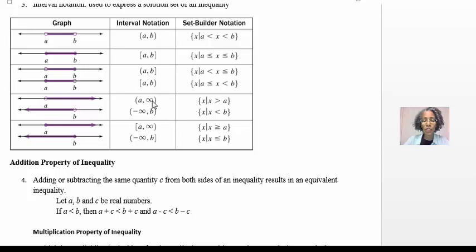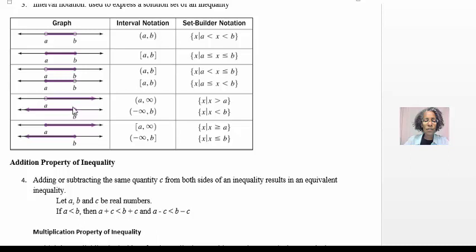It cannot be included. It's a pattern of behavior. So the positive infinity means indefinite movement to the right. On the number line graph, that's shown with an arrow, an infinity symbol in interval notation, and in the set builder notation, in the inequality portion of this, I simply write x bigger than A.